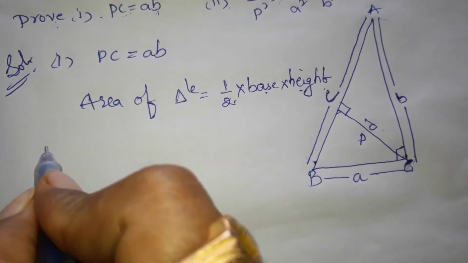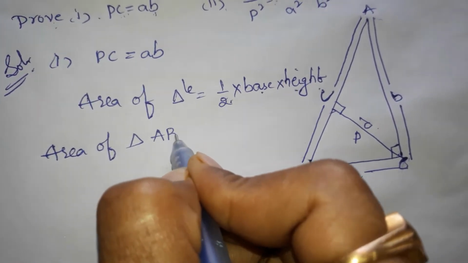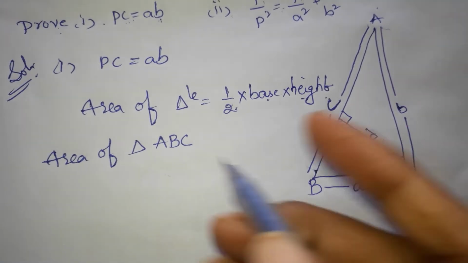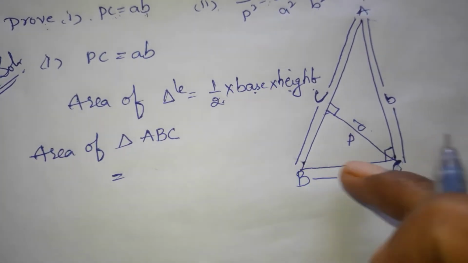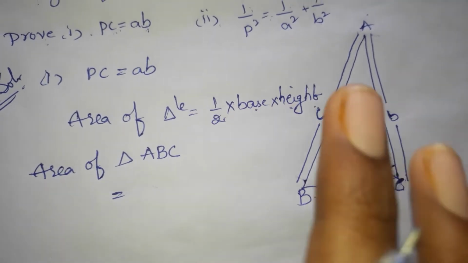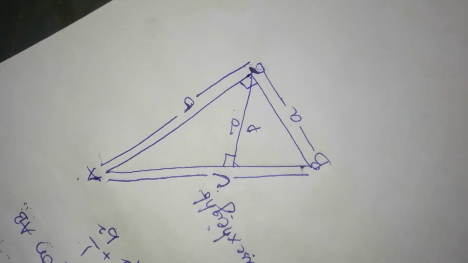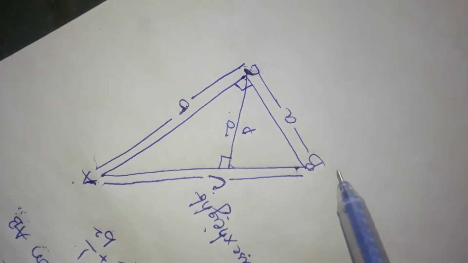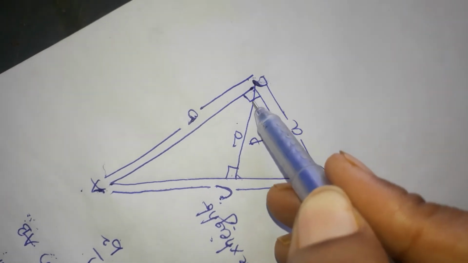Okay, now I am taking the area of triangle ABC. As you can see here, ABC is a right angle triangle, right? So now I am going to find the area of this triangle ABC. As we know, half into base into height. Now I am looking at this triangle in this direction. If I see this triangle in this direction, the base will be AB and the height will be this one.